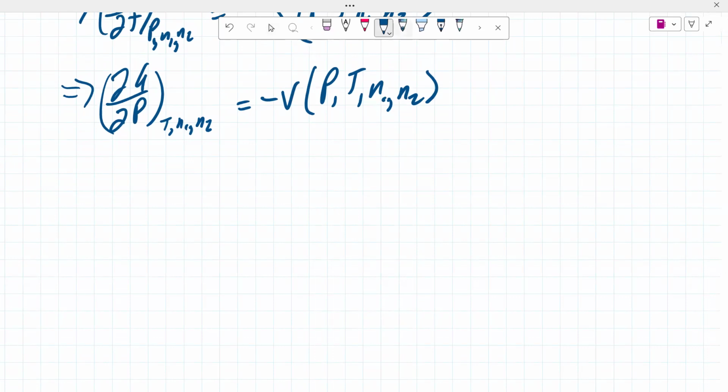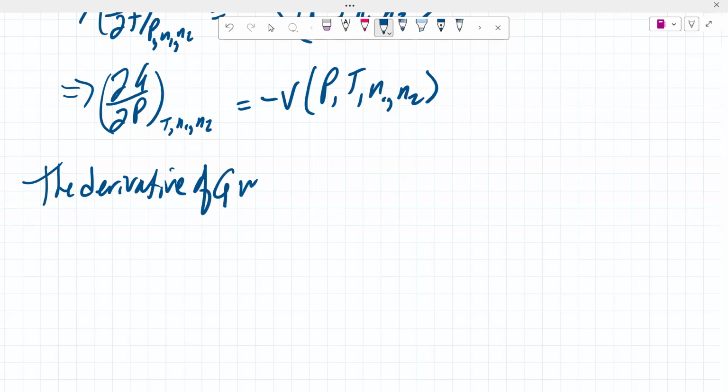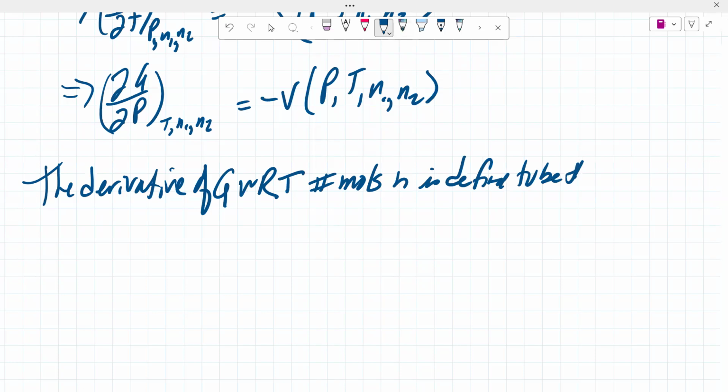So the derivative of G with respect to the number of moles N is defined to be the chemical potential mu.